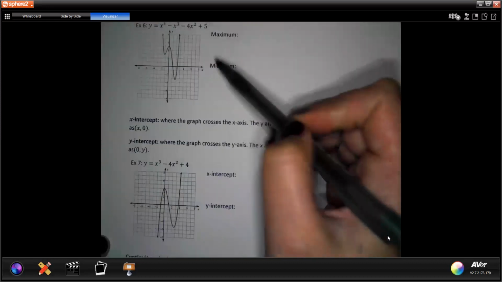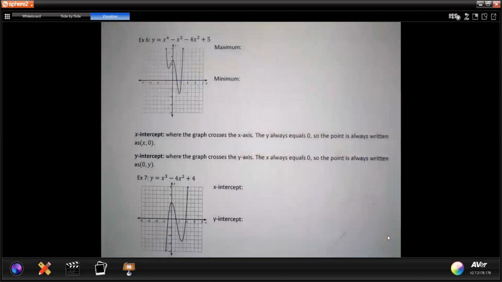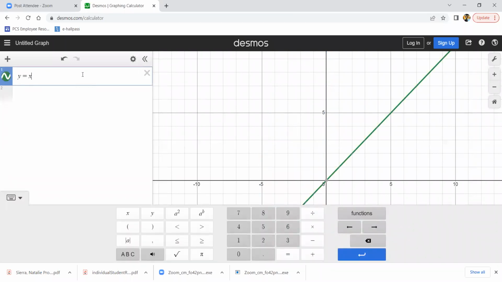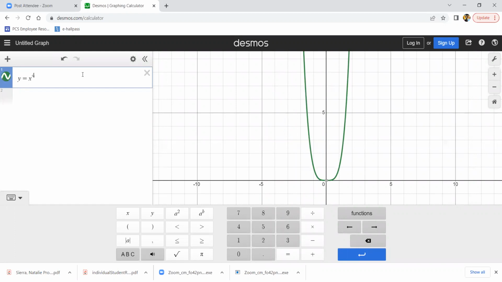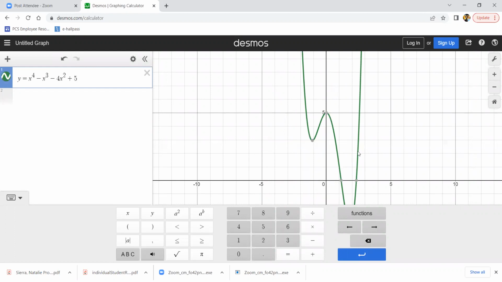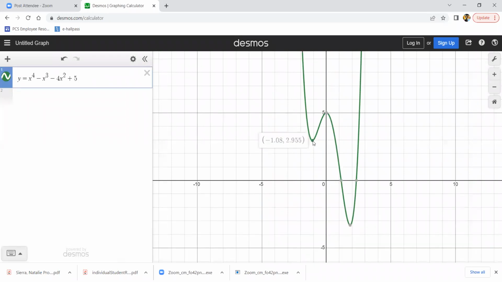So let's go ahead and flip the page over, and we're going to look at just this last problem and write down the maximums and minimums, and then we will be done with the video for today. So I'm going to go back to Desmos and plug this function in. I've got y equals x to the fourth minus x to the third minus 4x squared plus 5. Okay, and I can see a minimum right here and a minimum down here.